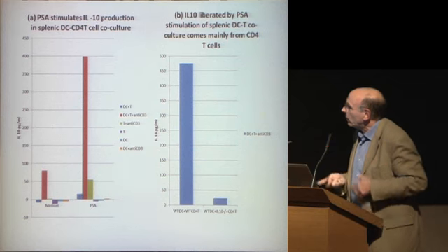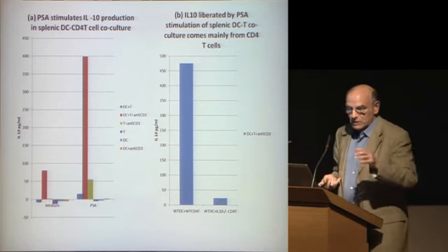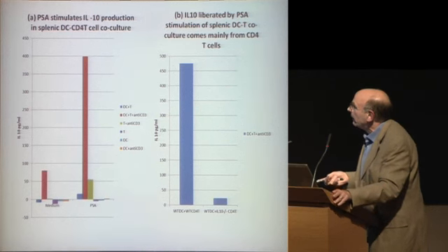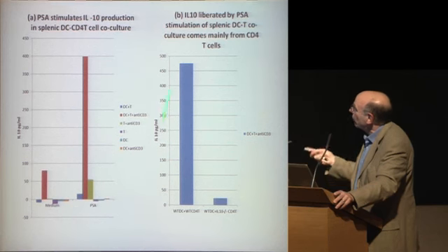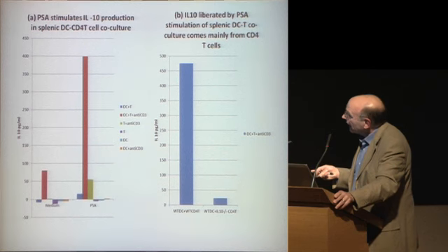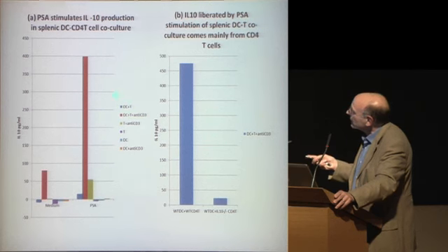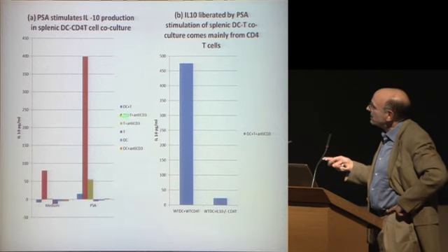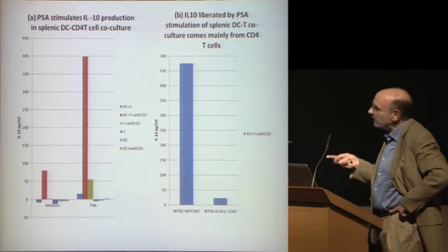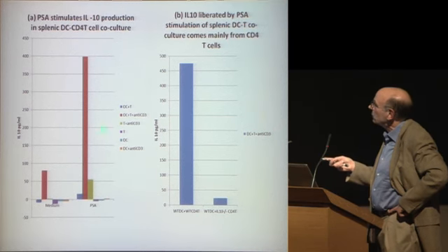Now, what's required for IL-10 induction? Because I told you that's what I was going to talk about. I'm looking at IL-10 production on the y-axis in both of these graphs. If you look on the left, we looked at various combinations, dendritic cells with T cells. We stimulated them with anti-CD3, a common thing that immunologists do.